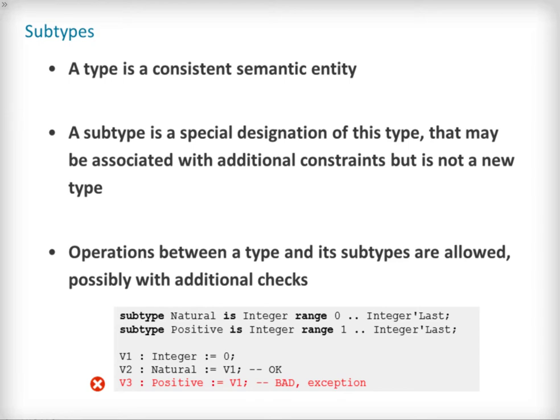It is legal to then assign v1 to the object v2 that is an instance of the natural subtype because the integer 0 is in the range of the subtype natural. However, the last line of code is incorrect because the assignment of v1 to v3 is invalid due to 0 being outside the range of positive.